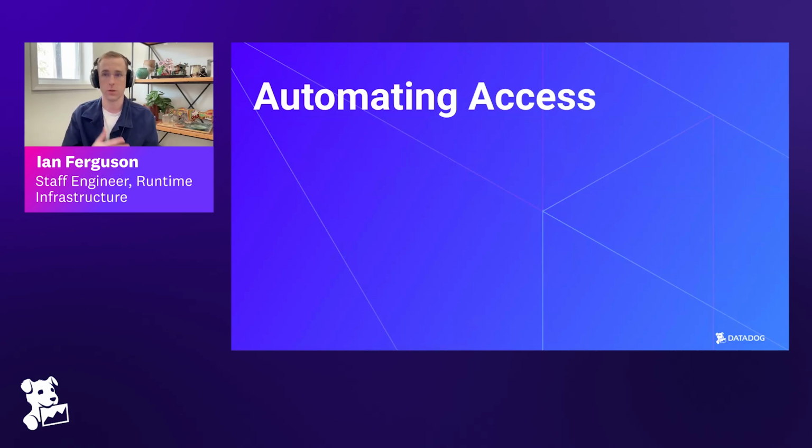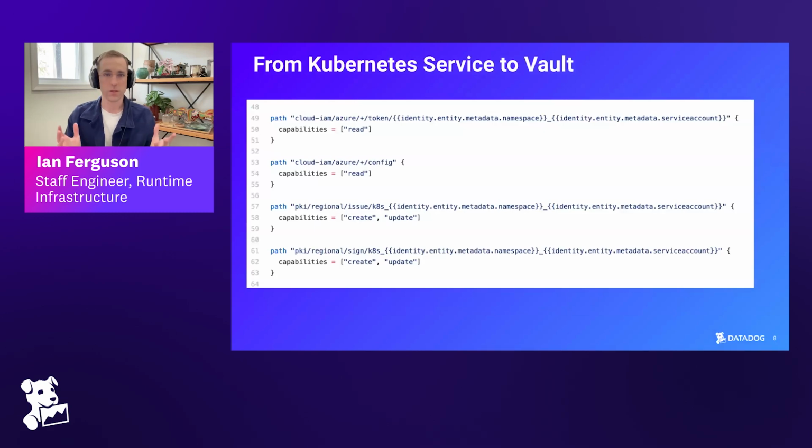One of the first places we really started to apply this methodology was around those Vault policies. I've got a snippet here from one of the common policies we use for most or all of our Kubernetes services. It's written in HCL, HashiCorp's language, but it's Vault's ACL policy language.